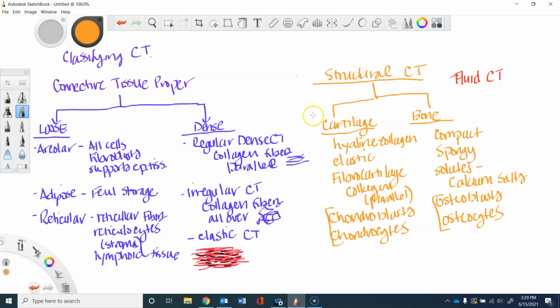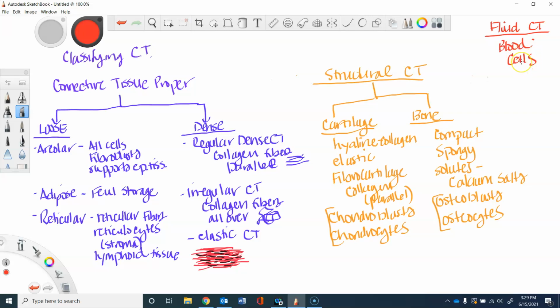Okay, and then the last one, move this over as well. So the last one, I'll move it up here, is the fluid connective tissue. And of course, we're talking about blood. So blood is basically cells.